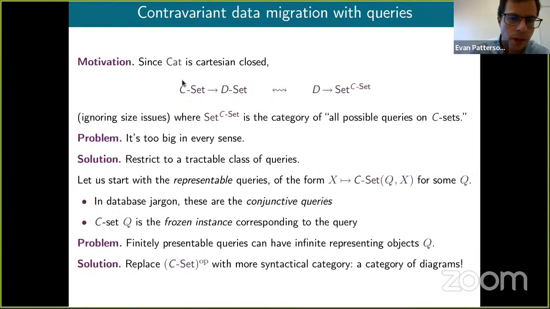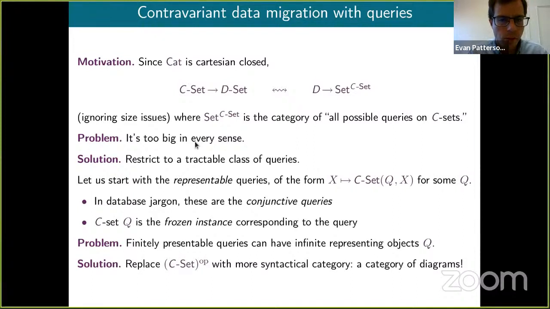Using the Cartesian closed property, we can rearrange what a functor from C-Set to D-Set is to say that to give one of those things, I need to give a functor from D to the category of set-valued functors on C-Sets. And I think of that conceptually as all the possible queries one could do on a C-Set. Like I give you a C-Set and you give me a set back, and that's the result of a query.